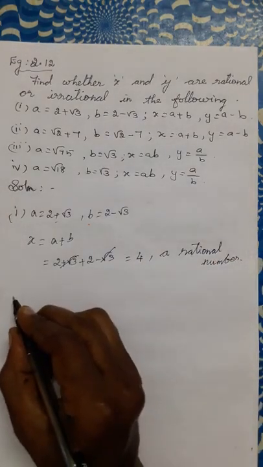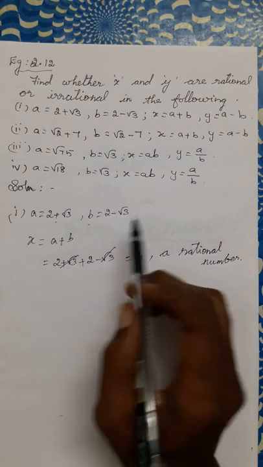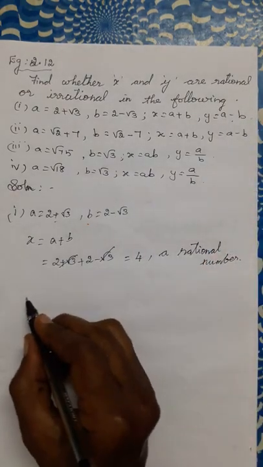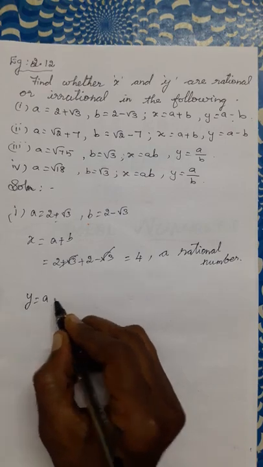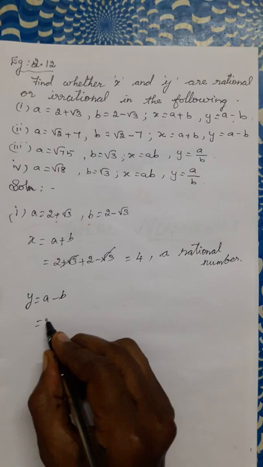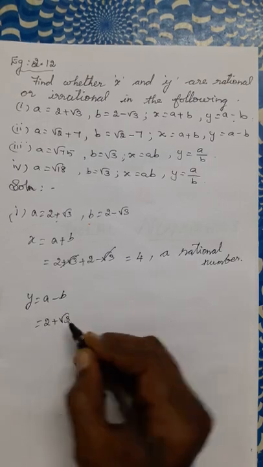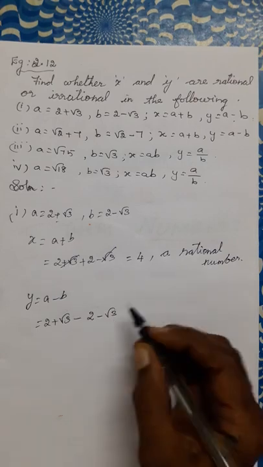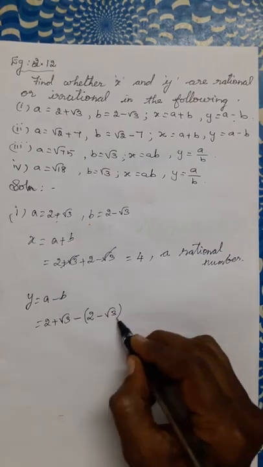Next, second, what we have to find out? Y is equal to a minus b. Substitute a and b values: 2 plus root 3 minus (2 minus root 3). Bracket is compulsory.